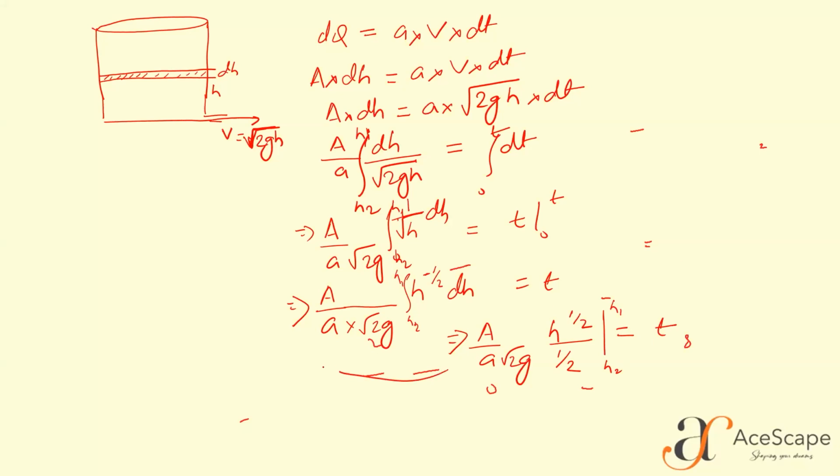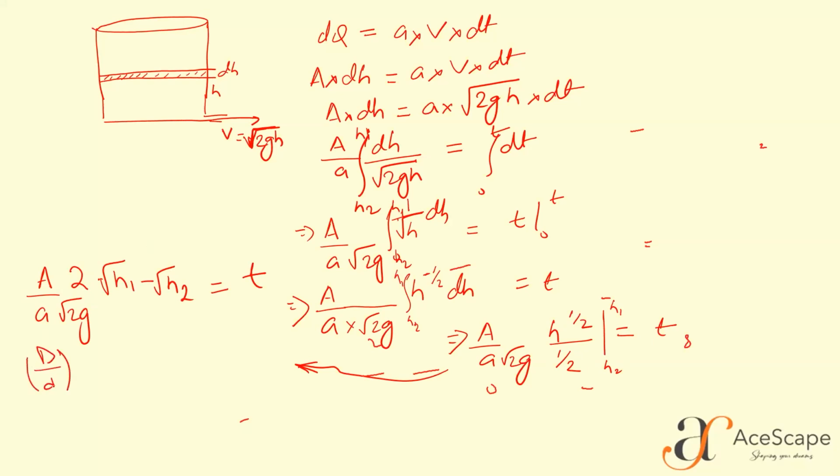So the expression that we are getting is A by a into √2g, and this half has gone up, so it is twice. When we put the value of h1 and h2, we get √h1 minus √h2, that is equal to t.